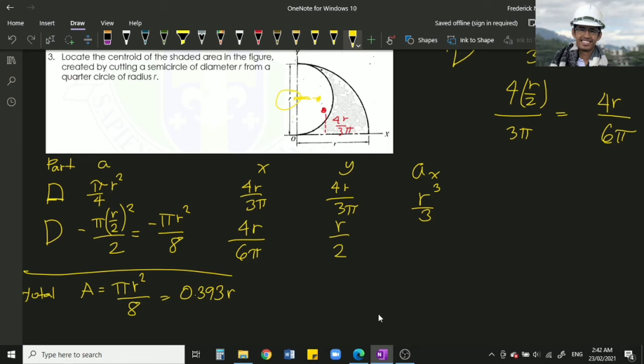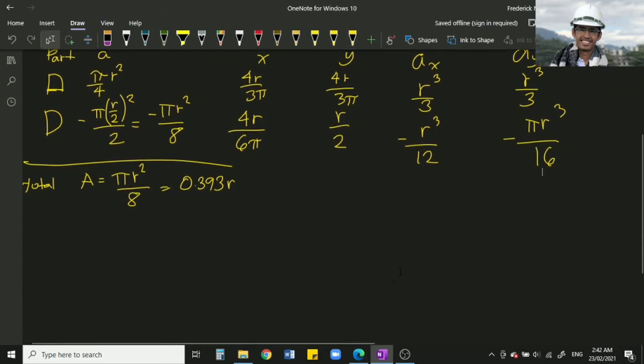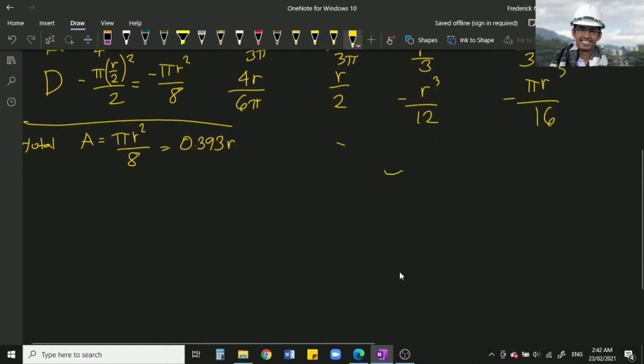So, that will be negative r cube over 12. Okay? And for ay, so multiply nyo lang a times y, so that will be r cube over 3. And for the semicircle, so that will be negative pi r cube over 16. Okay. So, kunin natin yung total nila.